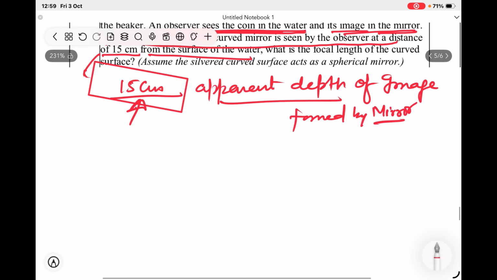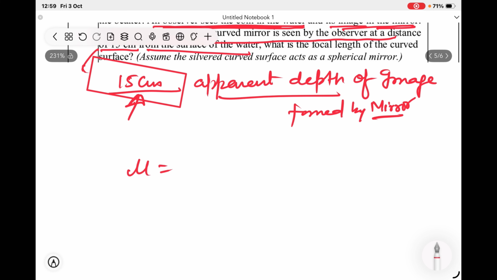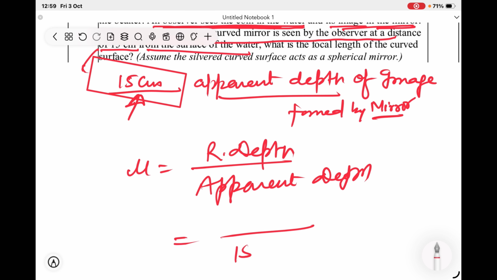What will act as V? You should use the formula mu equals real depth by apparent depth. So apparent depth is to be substituted as 15, and mu is 4 by 3 for water, that they have given.